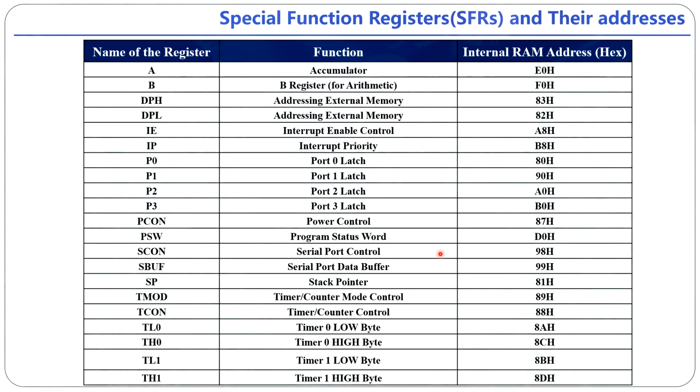The location of this register is 98H. Remember. Next register is SBUF register. The function of this register is serial port data buffer. The location of this register is 99H.